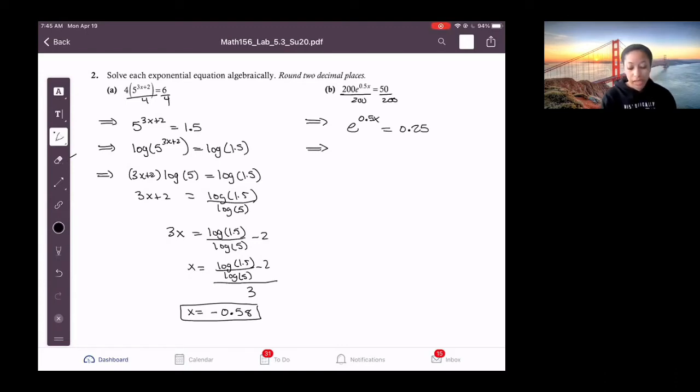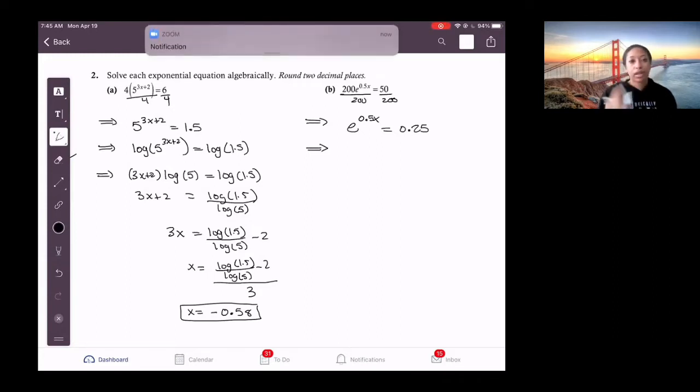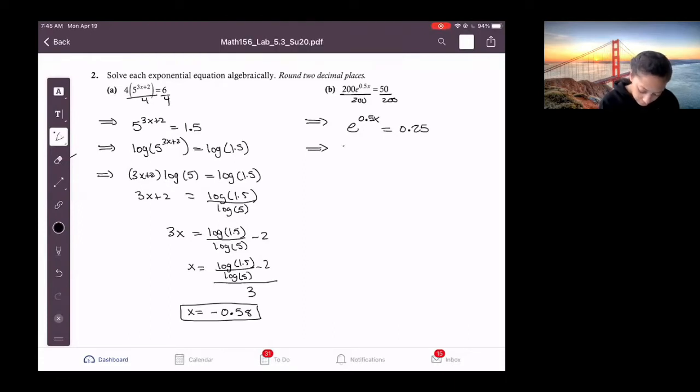All right, from here, since we have an exponential term with base e, we're going to want to bring in logs because we have to bring down our exponent at some point. If you have base e, you want to use the natural log. So this would be ln of e to the 0.5x equals ln of 0.25.